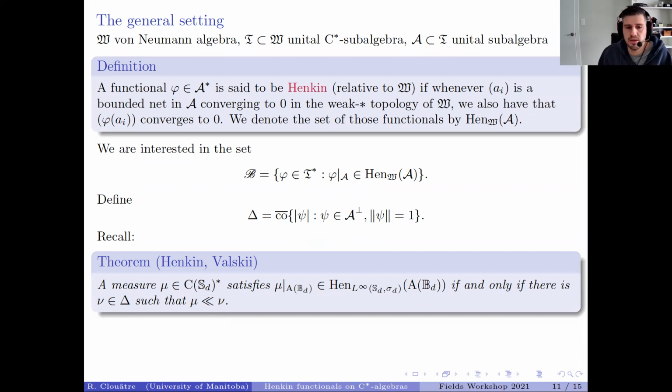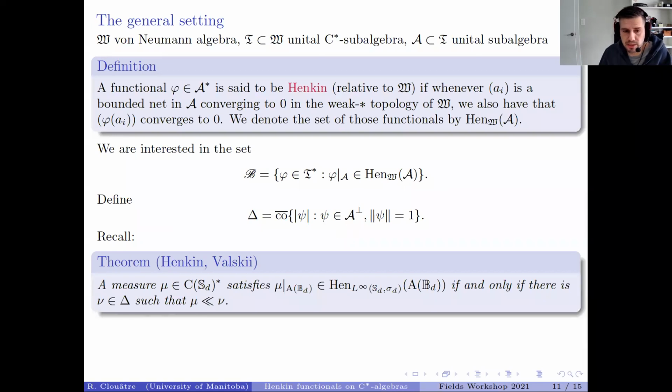Using these symbols, this says that a measure mu, as an element of the dual space of continuous functions, restricts to be Henkin on the ball algebra if and only if there's an element in Delta with respect to which it is absolutely continuous. I have done nothing here; this is just reformulating the classical theorem using these symbols.